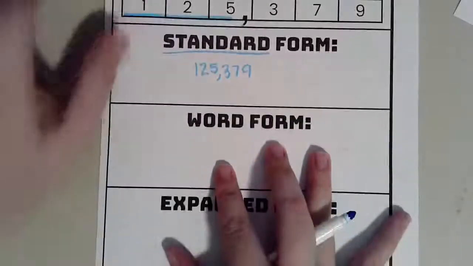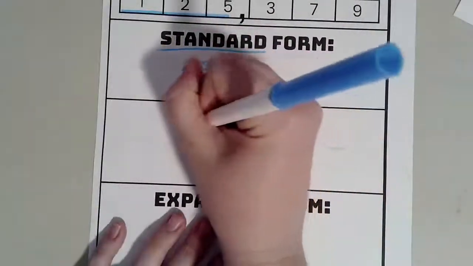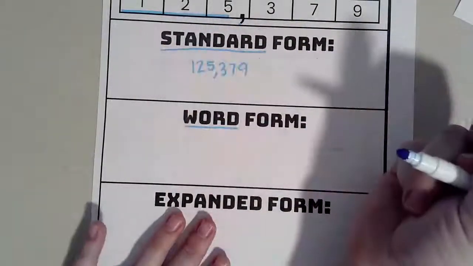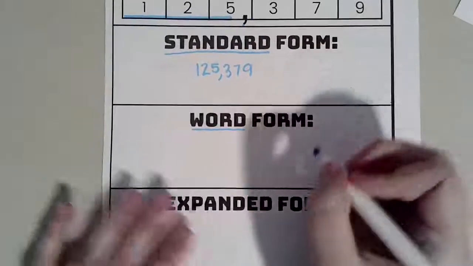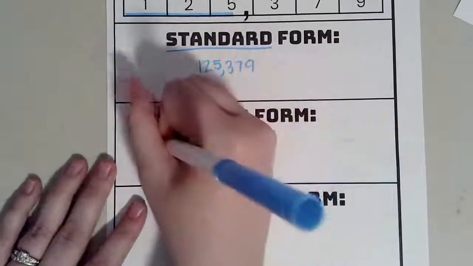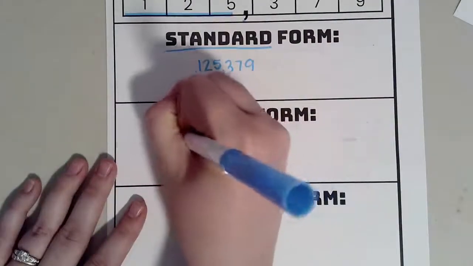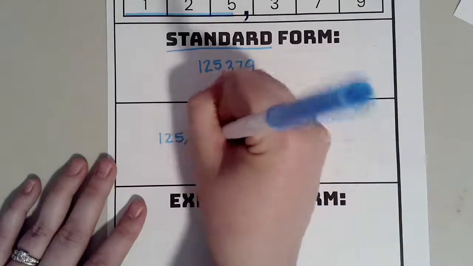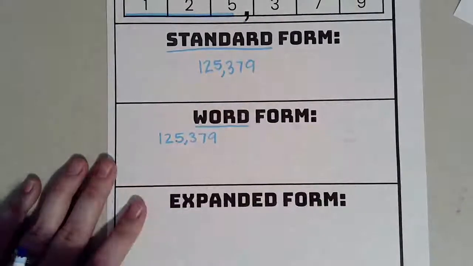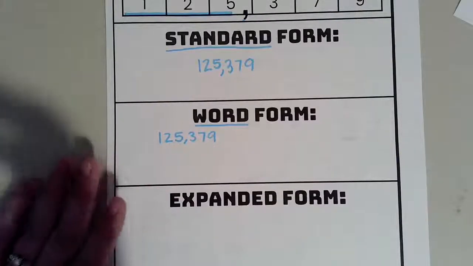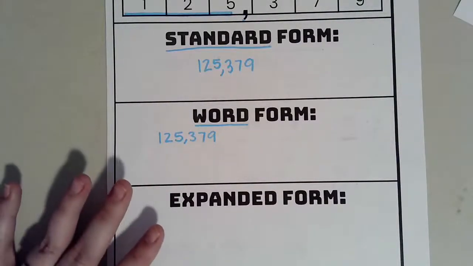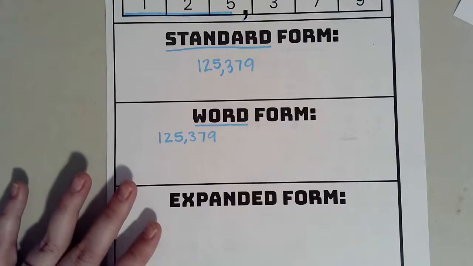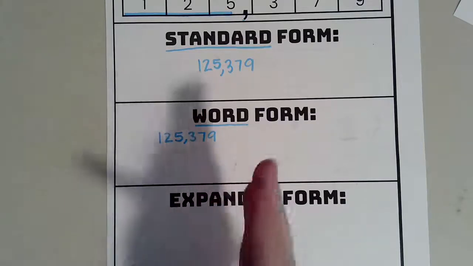Word form, we are going to write it out with letters. So the first thing I like to do with word form, my step 1, is to rewrite it in standard form just to help me focus. And then I'm going to read it out loud to make sure, because we're not going to write every single number the way it looks.